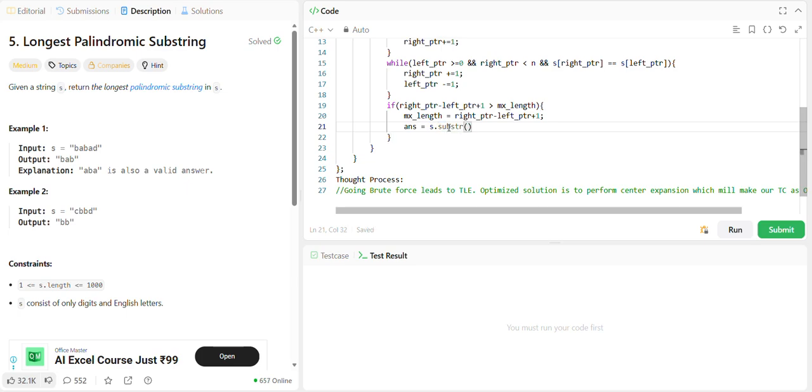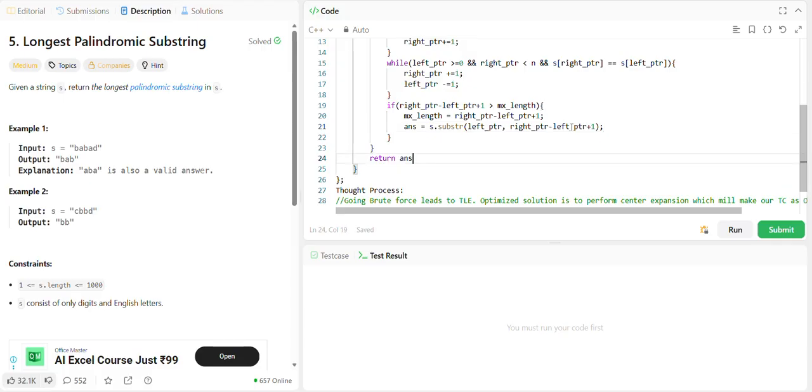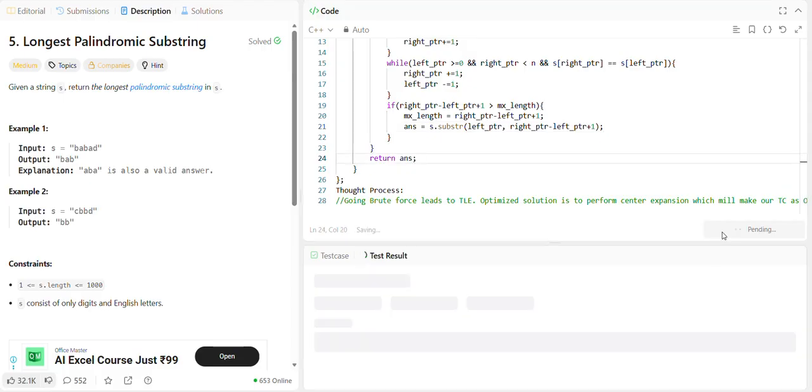We will be starting from the left ptr, and the length will be right ptr minus left ptr. Okay, we will see. And then we can return answer here. So let's try to run it once.